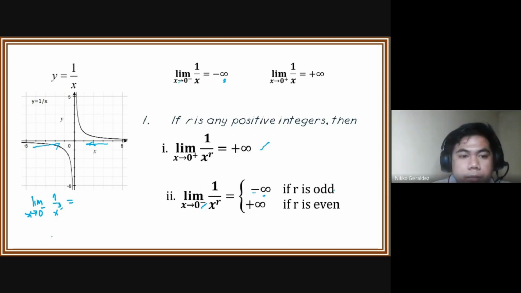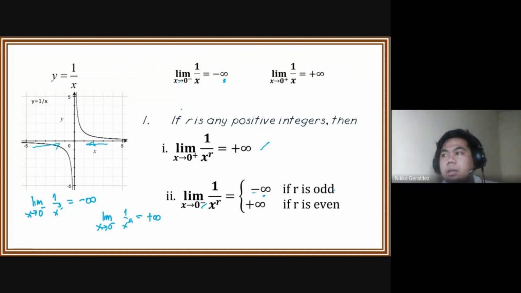So the limit of the function is negative infinity. Or, for example, the limit of 1 over x raised to 4 as x approaches 0 from the left. The exponent 4 is even, so that is positive infinity. That's all.